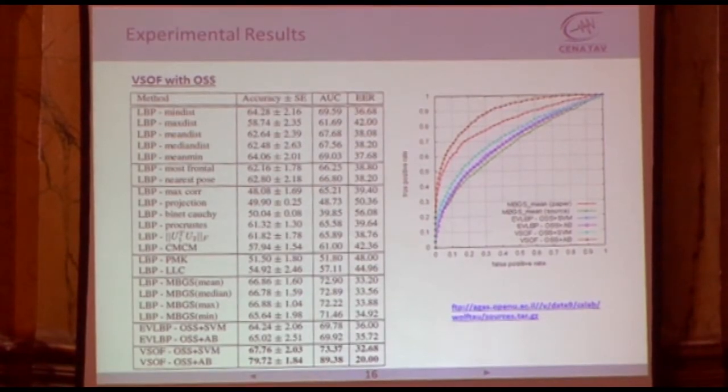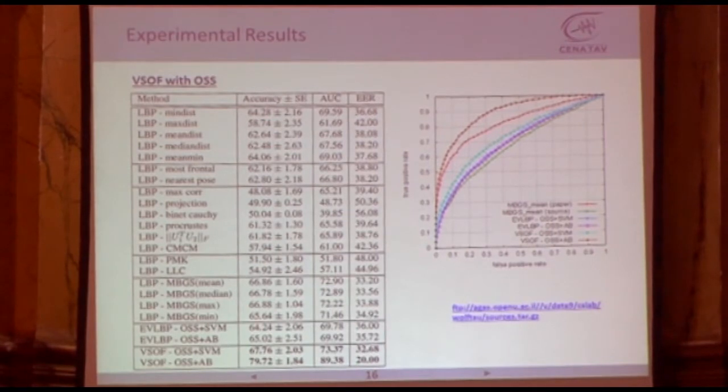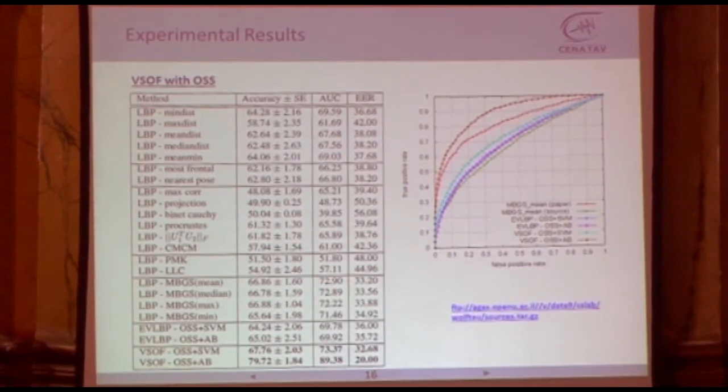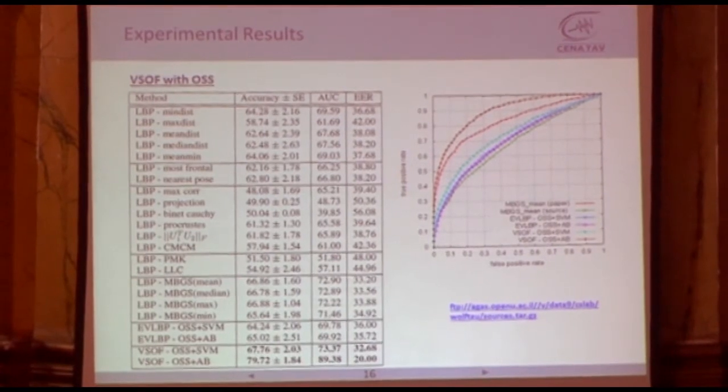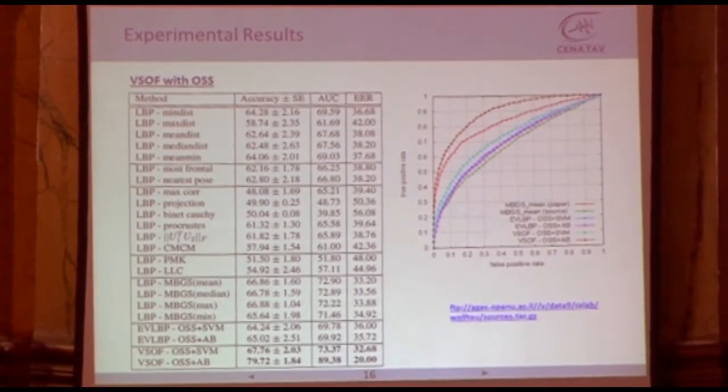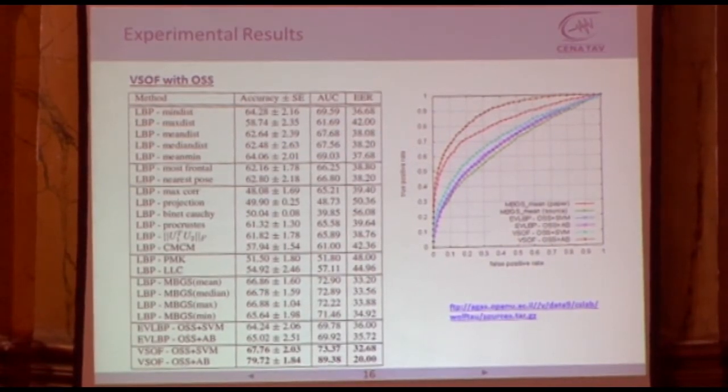So finally we have compared our method, using the one-shot similarity measure, with both support vector machine and AdaBoost. And we have compared with a large number of methods that are available on the web page of this database. They provide the source code, and we compare all these methods.